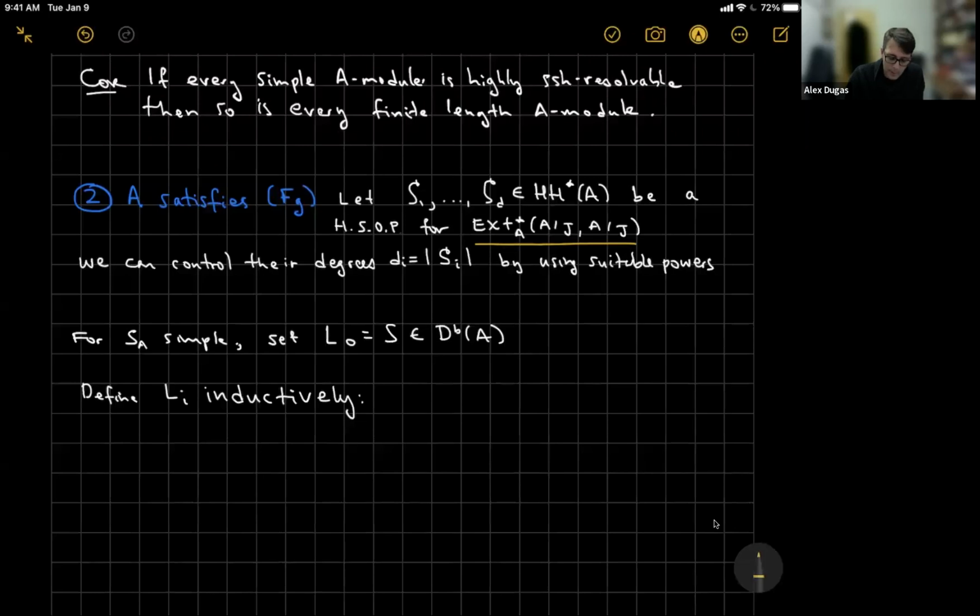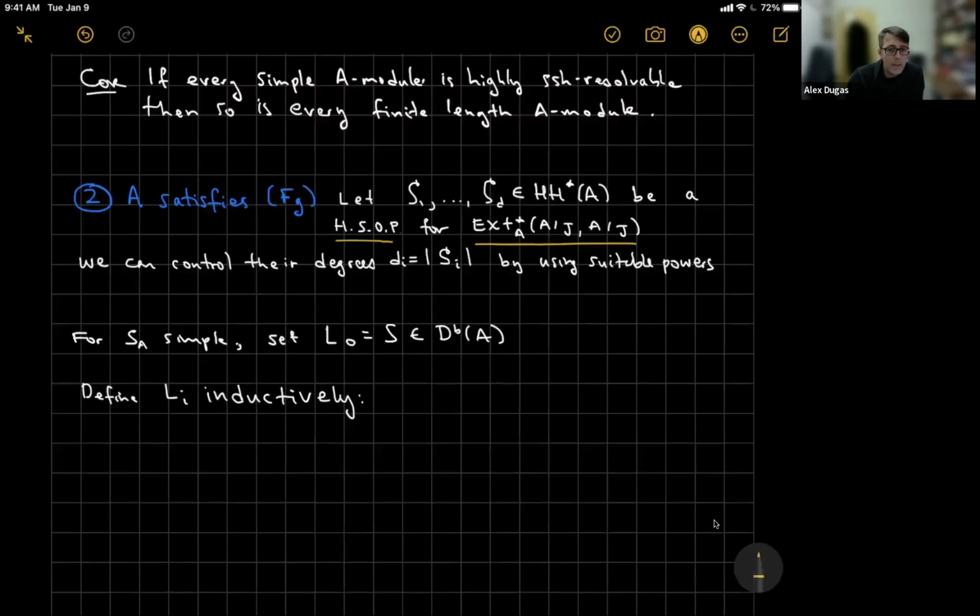So that means we can find a finite homogeneous system of parameters for it, consisting of homogeneous elements zeta 1 through zeta d in the Hochschild cohomology.